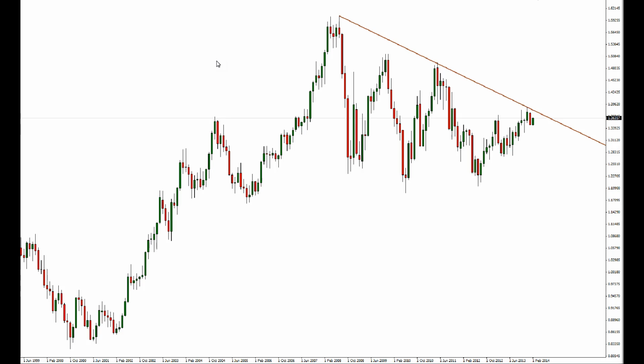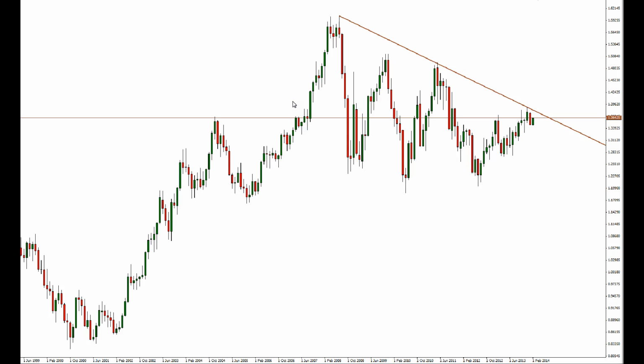I am the only one seeing this static level playing a role. I think an even more important level is this, because we are seeing very clearly that the level acted as resistance, and then when the price closed above it, the level acted as support.